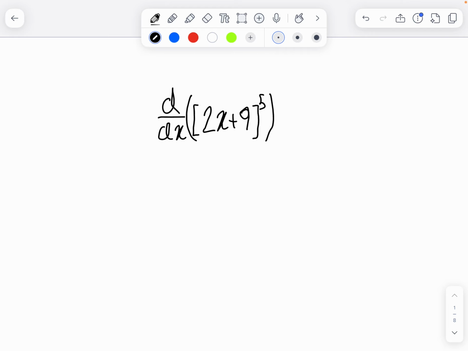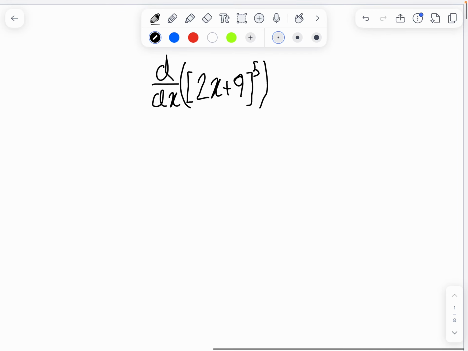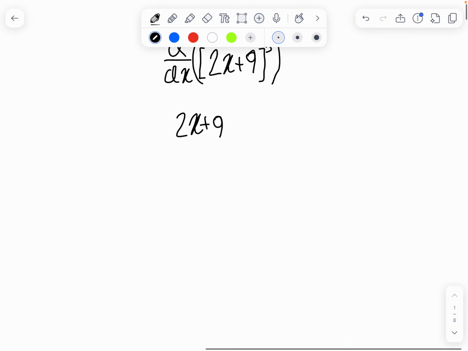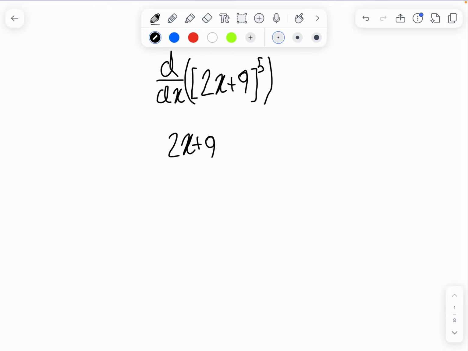So find the derivative. Okay, hopefully you've paused the video. So for the inside, the derivative is 2x plus 9, and on the outside, imagine this section to equal u.